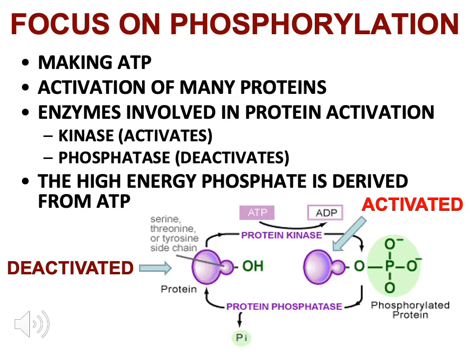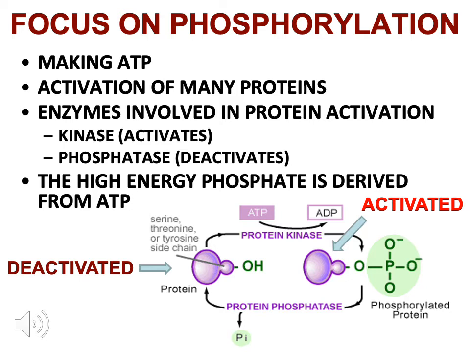Now, on the other hand, there are other enzymes called phosphatases that will deactivate proteins. A phosphatase is an enzyme that removes a phosphate. Follow the arrow, protein phosphatase. The phosphate is removed, and I'm right back to my original deactivated protein.